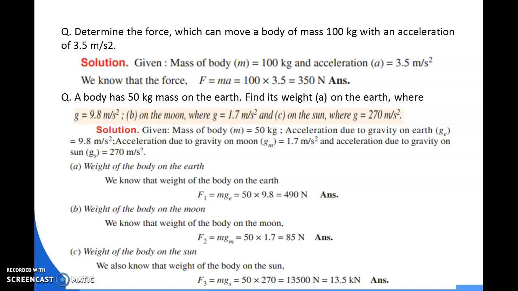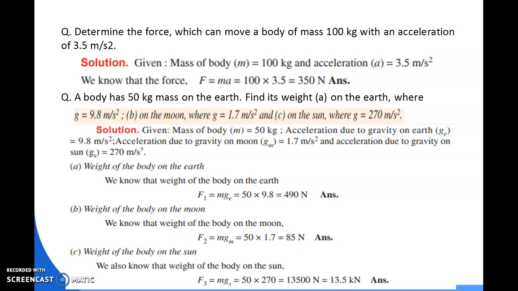First of all, we write all the data given here. Mass of the body is 50 kg. Acceleration due to gravity on earth is 9.8, on moon 1.7, and on sun 270 meter per second square.